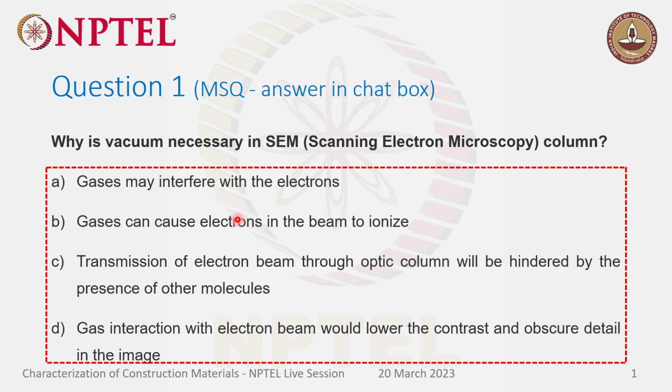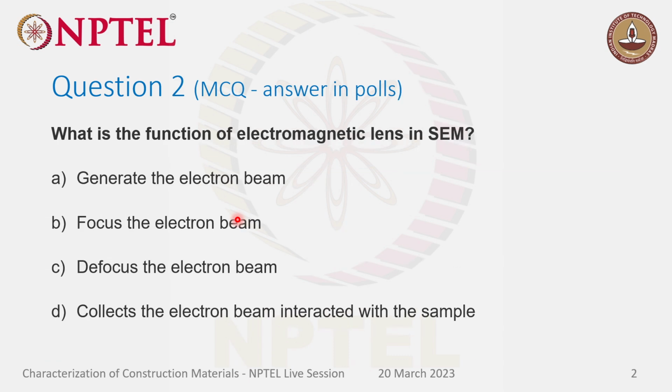Okay, so now let's move to the next question. What is the function of the electromagnetic lens in SEM? So we know that the SEM column is there and the sample holder is there in SEM equipment. In that, the electromagnetic lens is also there. What is the function of the electromagnetic lens, is the question.